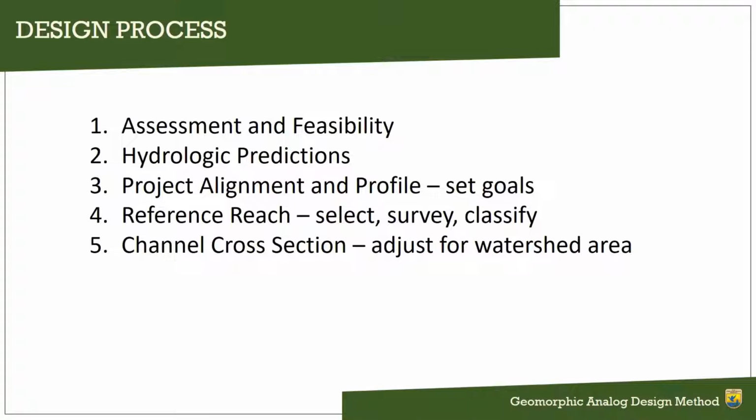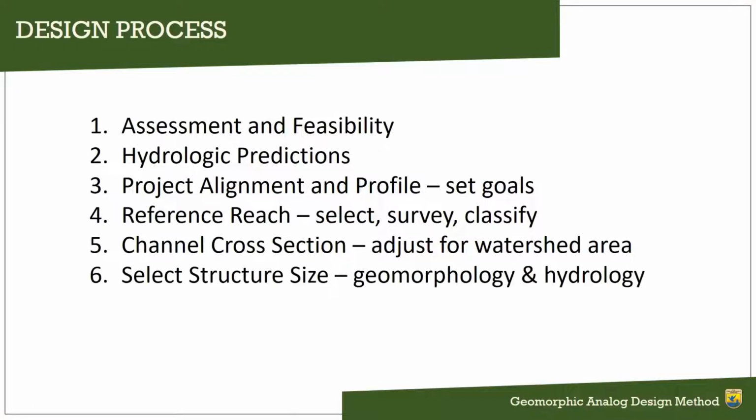We're going to find a reference cross section from our reference reach. And if this reference reach is not adjacent to our crossing, we might need to adjust it for the watershed area. And we're going to select the structure size using geomorphology to meet those bankfull discharge or bankfull channel widths, and the hydrology to make sure that we have the conveyance that we need at the higher flood flows.